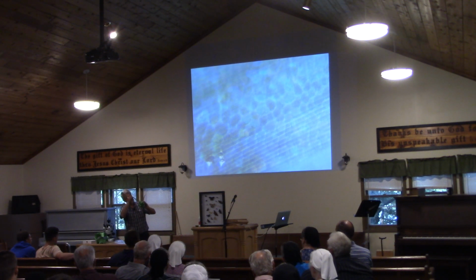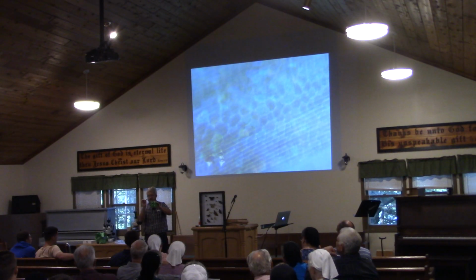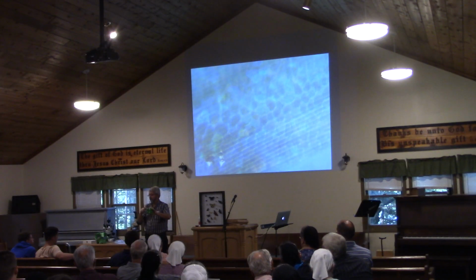Okay, try it this way. Here we go. So there's holes in three dimensions. And so it's chitin and air, all the same precise distance apart to interact with the light waves to reflect the green that we can see.